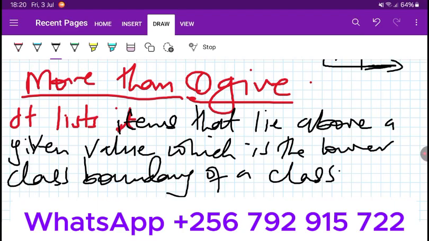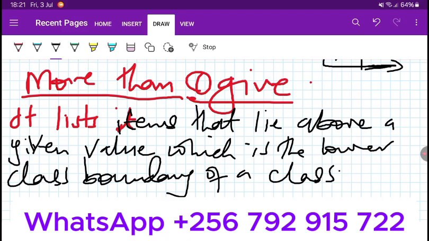So they are asking different things. That's why I just wanted to highlight that you get to know that there are the more than and the less than ogives. But it is all about the class boundaries, whether you are taking the lower or the upper class boundary. That's the main point.